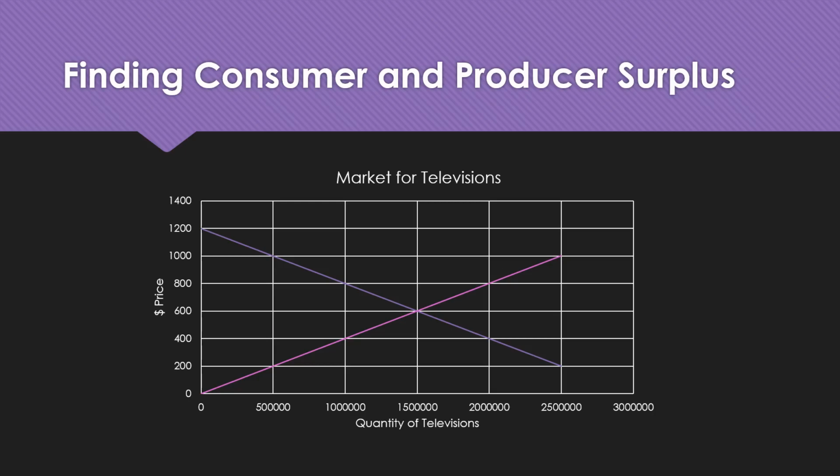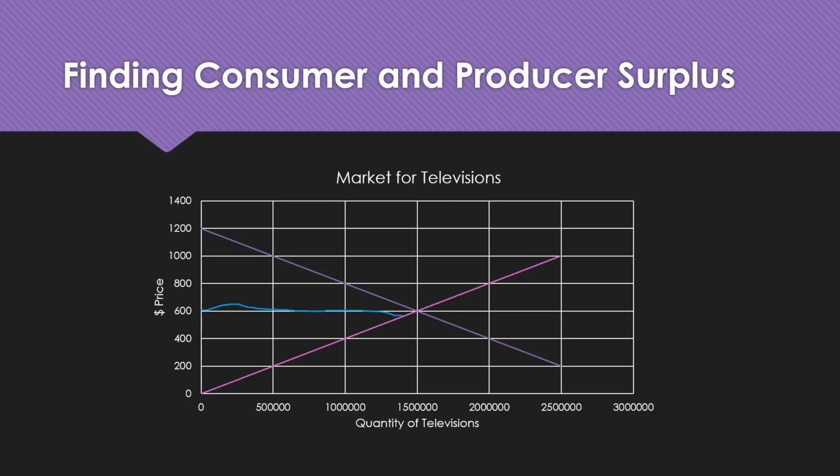So the definition of consumer surplus is the difference between the highest price a consumer is willing and able to pay, which we can just treat as the demand curve, and the price they actually pay for the product. The highest price the consumer is willing and able to pay is going to be measured by the demand curve, and then the price they actually pay is going to be determined by this market equilibrium price right here.